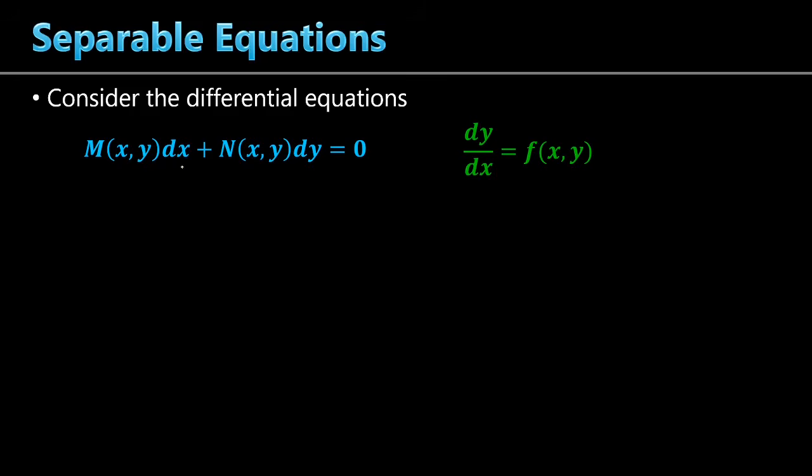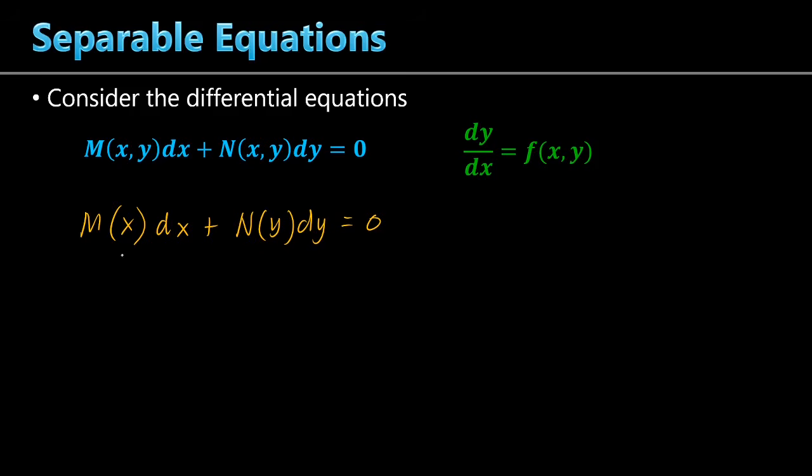So if dx has a multiplier M which is a function of only x, and dy has a multiplier N which is now a function of only y, then this differential equation is said to be separable.